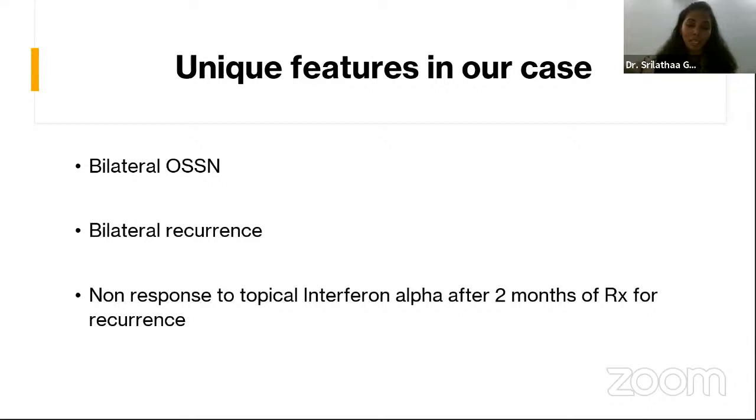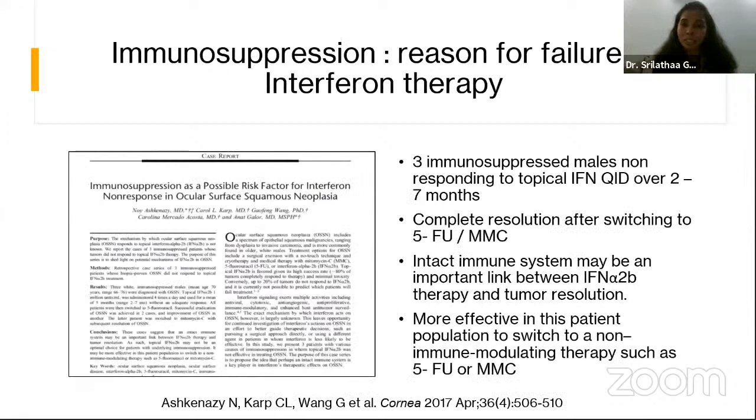When we looked up the literature, there was one case report published in the Cornea journal. Next slide, please. This is a case report of 3 patients, who were again immunosuppressed males, not responding to topical interferon even after 2 to 7 months of treatment. All 3 patients had some kind of hematological malignancy: one non-Hodgkin's lymphoma, one leukemia, and one multiple myeloma.